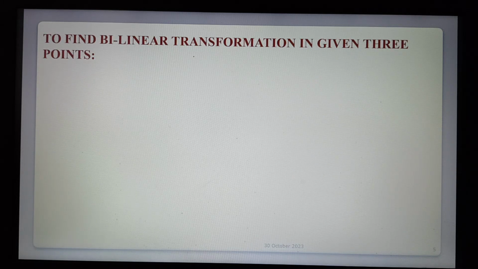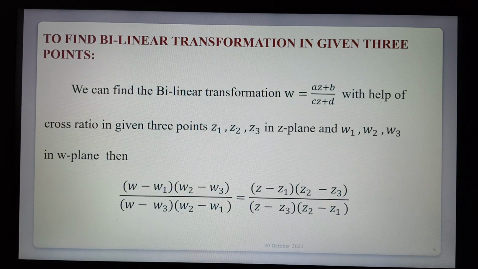To find the bilinear transformation for given 3 points. When the given 3 points in the z plane are mapped to 3 points in the w plane, how do we find the bilinear transformation, w is equal to az plus b by cz plus d, with the help of the cross ratio?